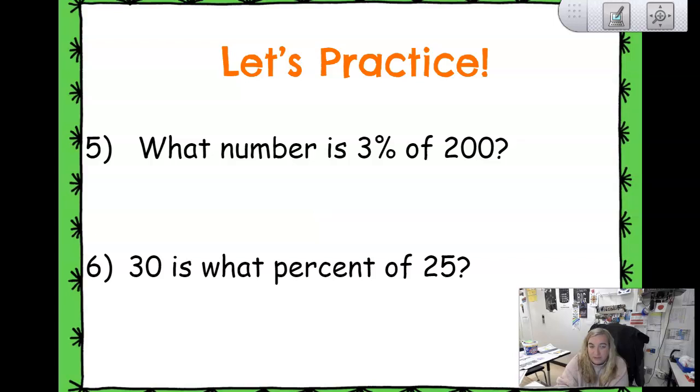All right, hopefully that should have been enough time for you to try them. Here we go. Number 5, did you get 6? And for number 6, did you get 100?